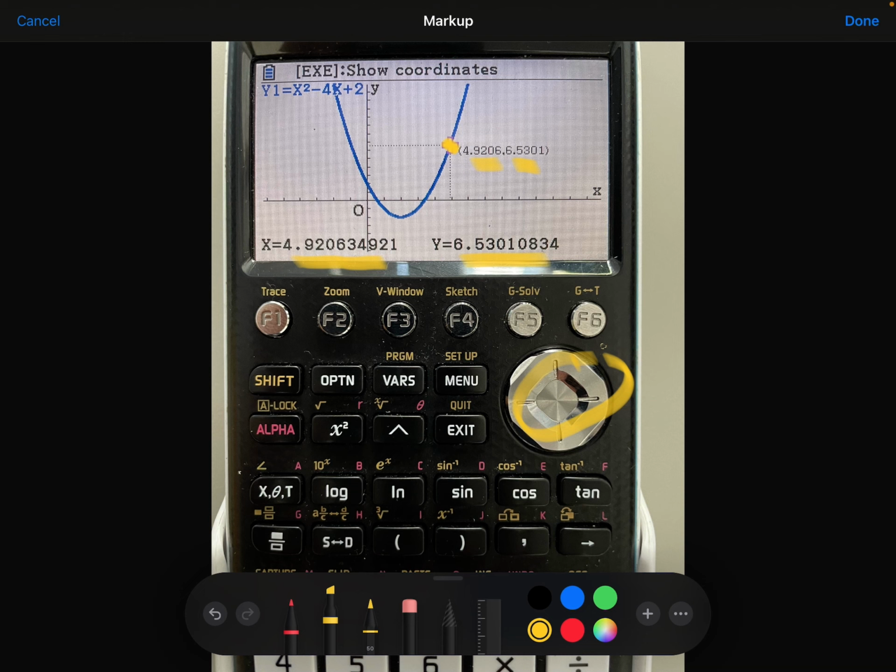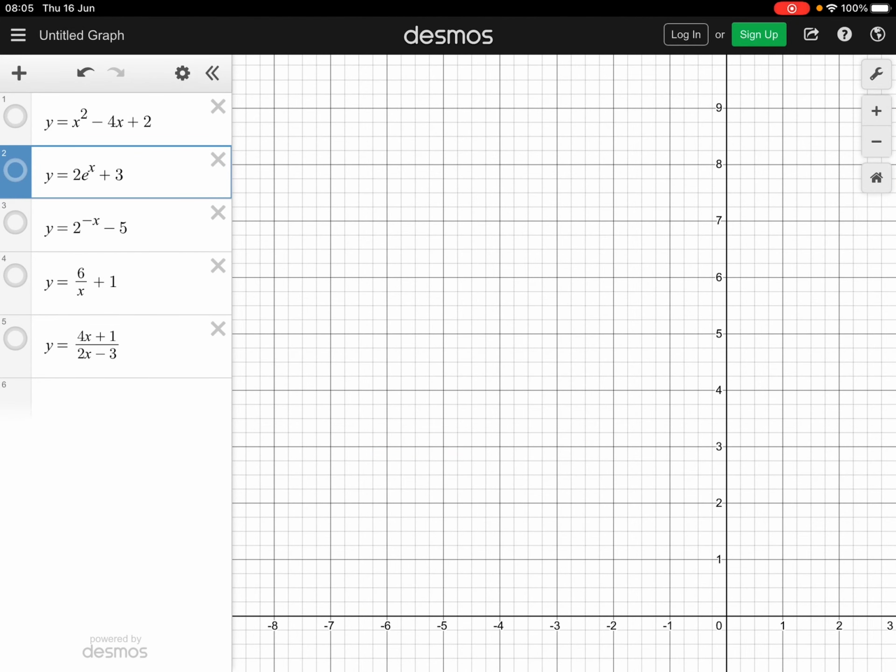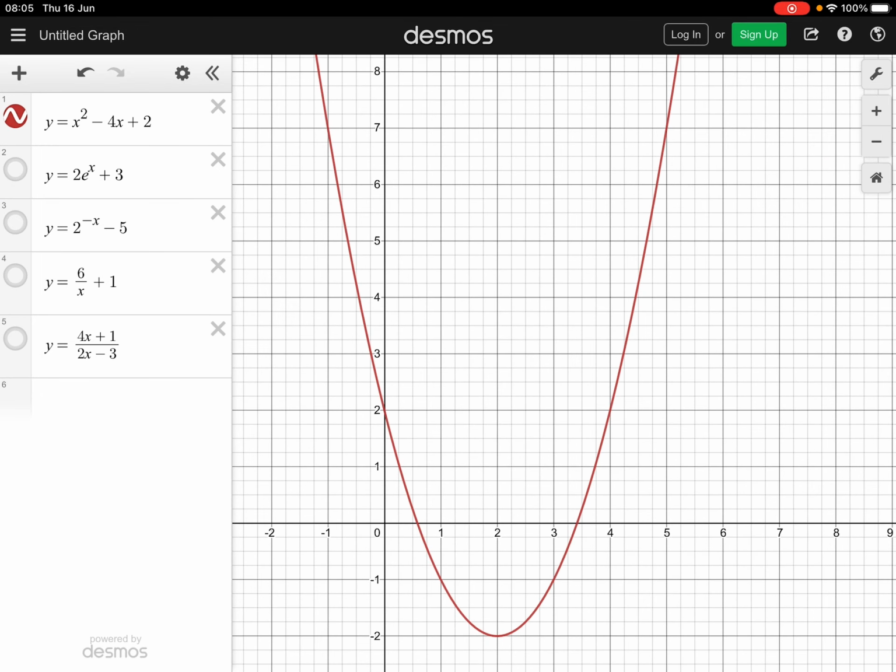Right, so let's have a look at how we can find the range from this. I'm just going to go to my program, which is Desmos, to do this. So this is my equivalent of your graphical calculator. You can see I've got my y equals x squared minus 4x plus 2 graph there.